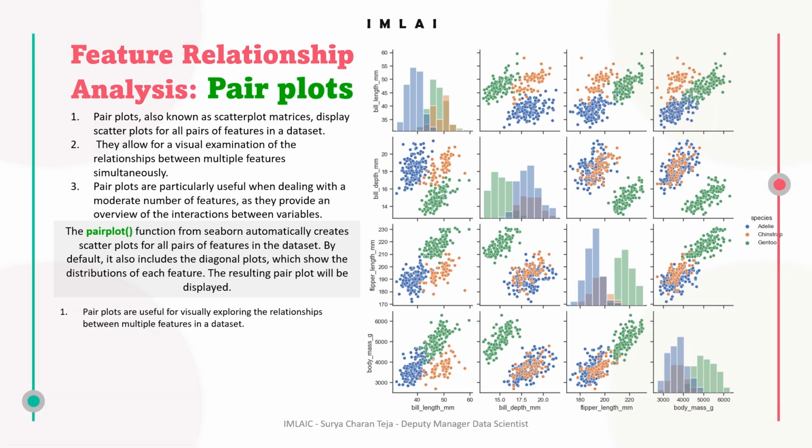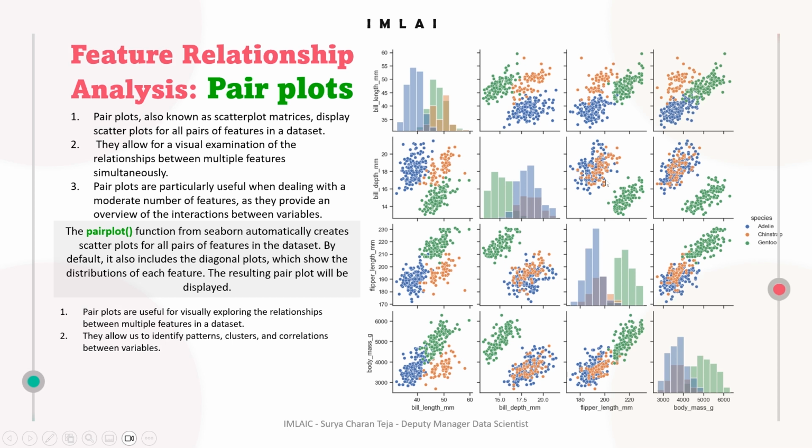So pair plots are useful for visually exploring the relationships between multiple features in a data set. They allow us to identify patterns, clusters, and correlations between variables.